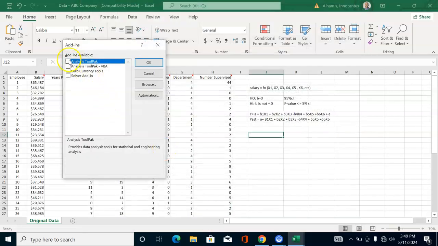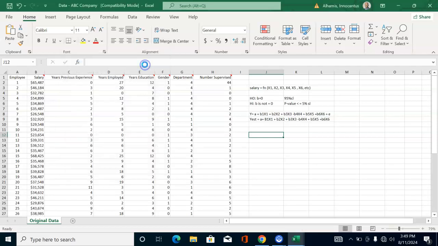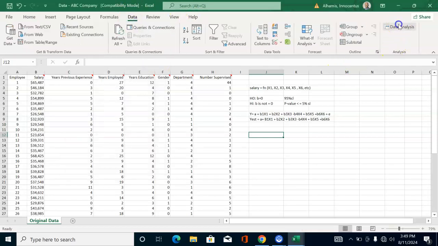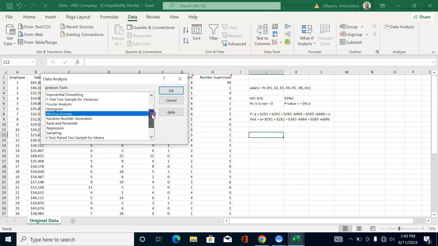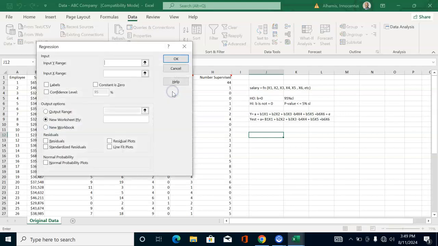I'm going to select the Analysis ToolPak, click OK, and therefore if I click on the data, I have data analysis, and in this case I'm going to use regression as we have been doing.